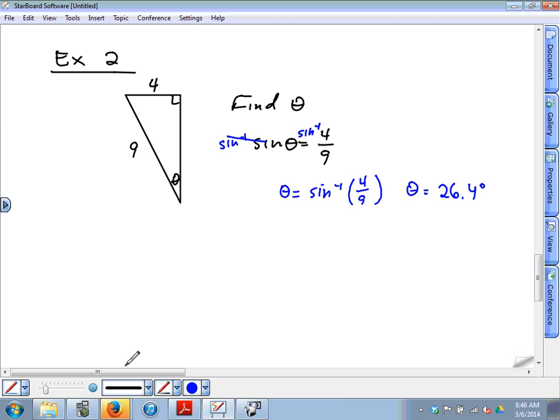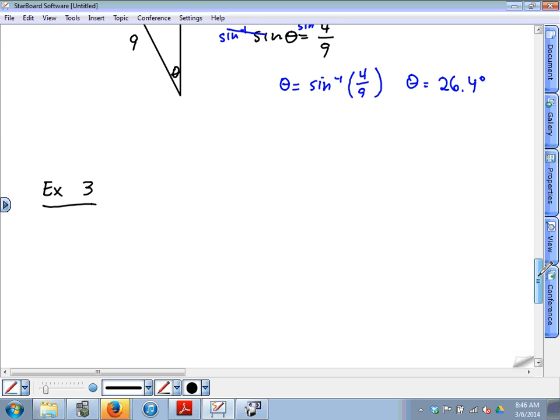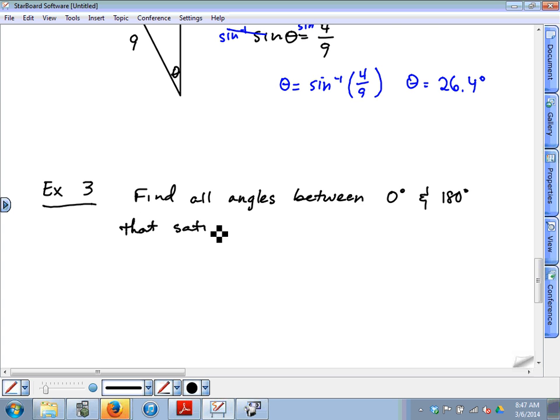Example 3. Find all angles between 0 degrees and 180 degrees that satisfy the following.